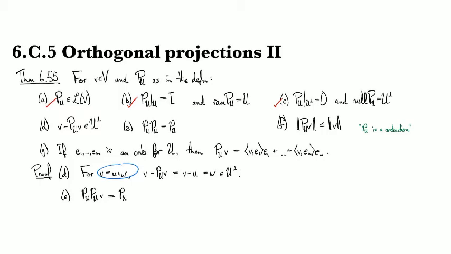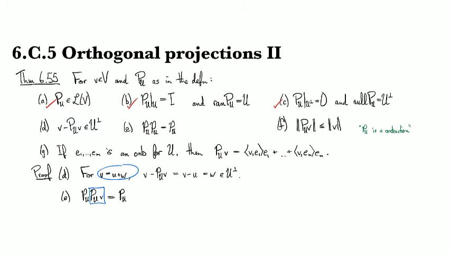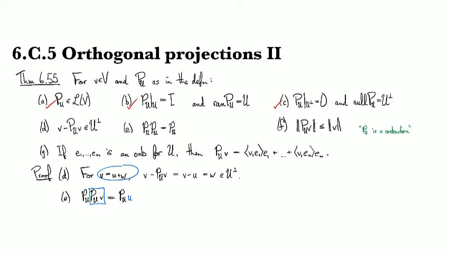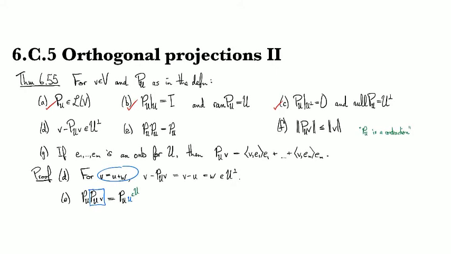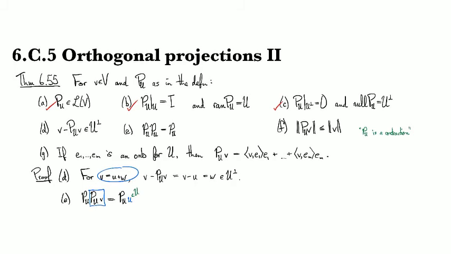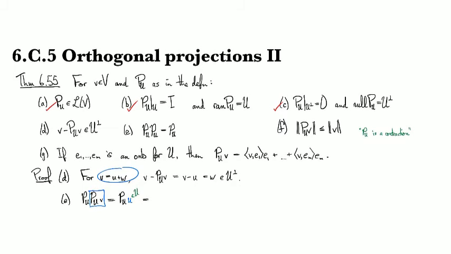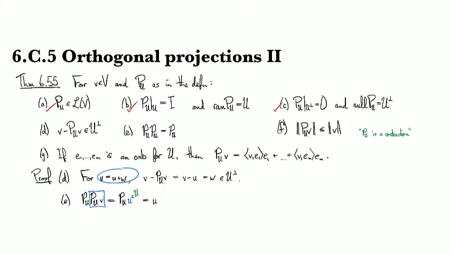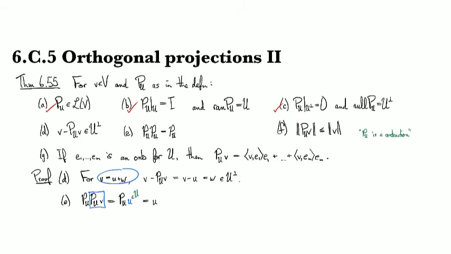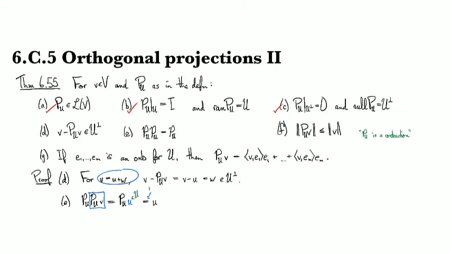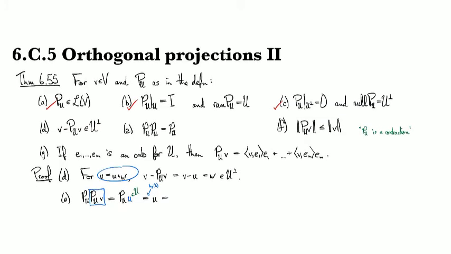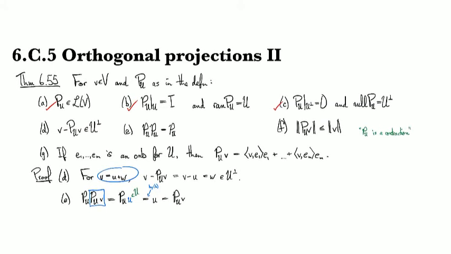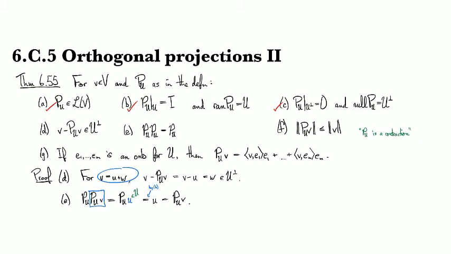Then that means that this part, PU applied to V, is going to be U. And now U lives in U, by the way we defined the decomposition. So when I apply P to it, nothing happens. And so that was by, I guess, B. And this is the same thing as the projection to U of V. So that gives us our result.